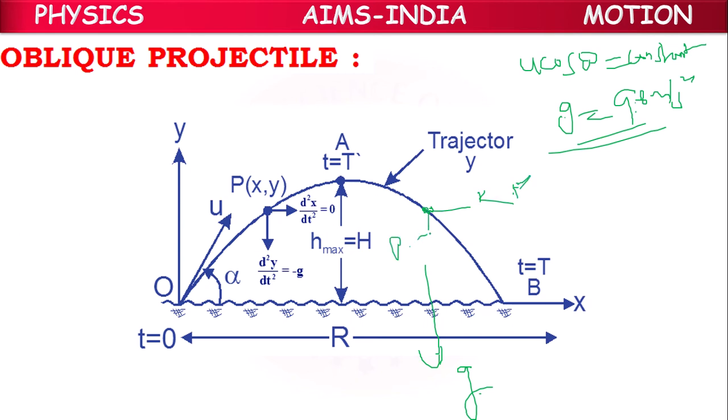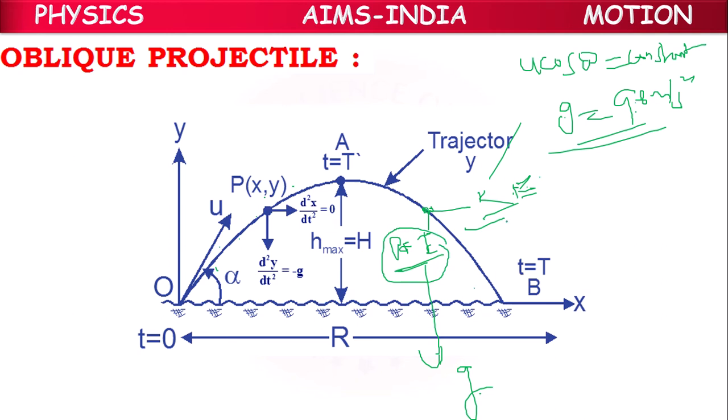Kinetic energy means energy due to its velocity, because as velocity changes, kinetic energy also changes. Potential energy means energy due to its position. As the height of the particle changes continuously, potential energy also changes continuously.